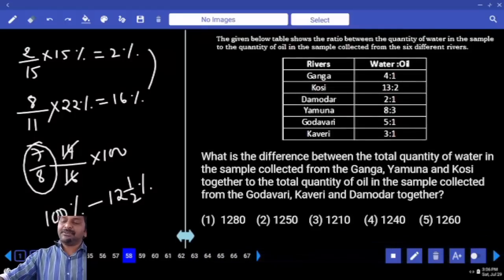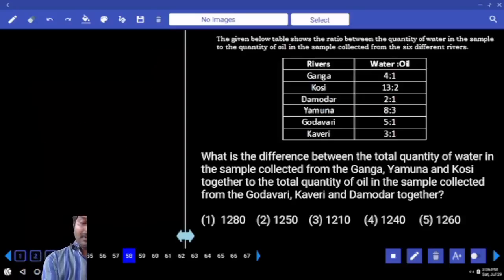What is the difference between the total quantity of water in the sample collected from Ganga, Yamuna, Kosi together to the total quantity of oil in the sample collected from Godavari, Kaveri and then Damodar together? Okay.